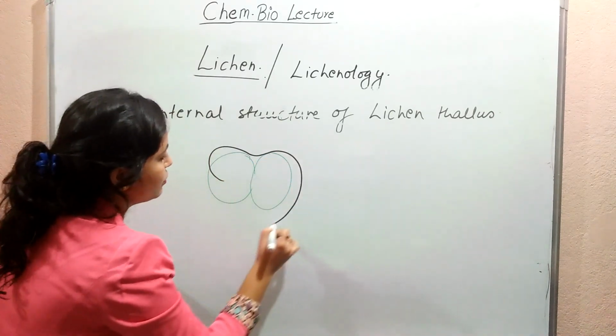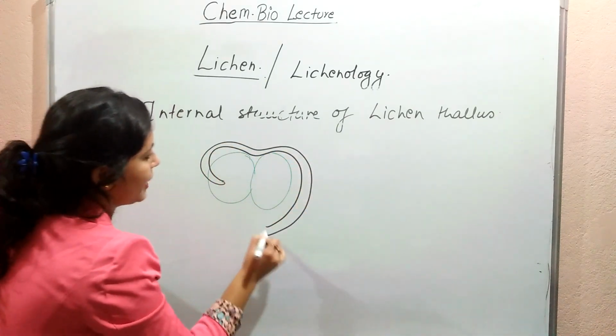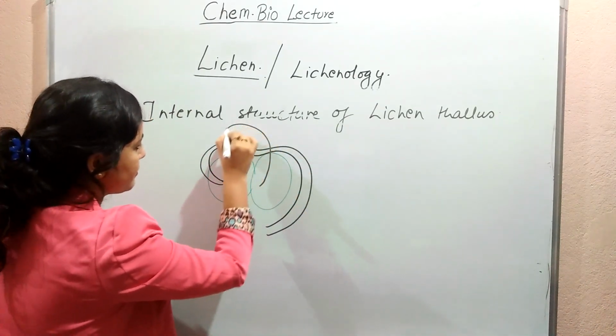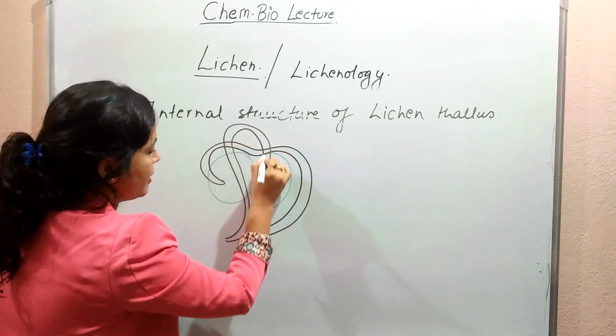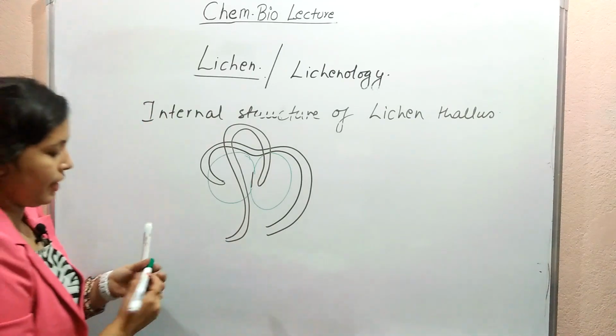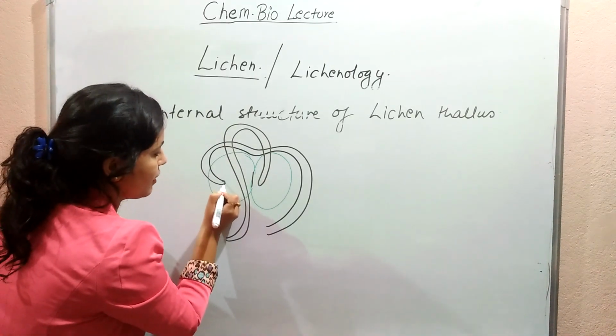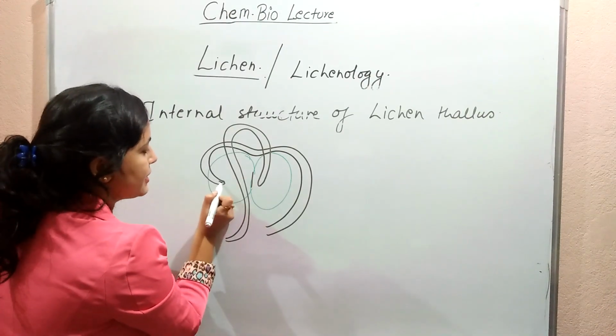They are interwoven, encircled, covered in most of the part by the fungal hyphae. So what happens is that when the fungal hyphae are covering the algal cells, they release a chemical.